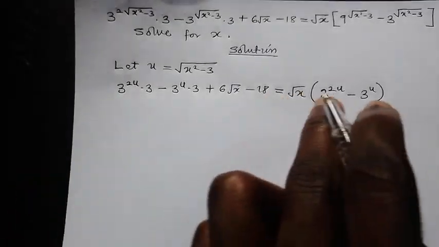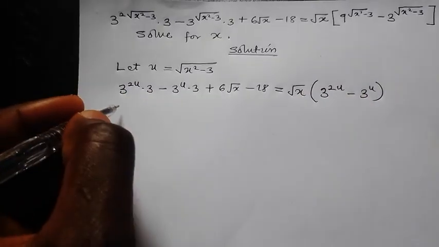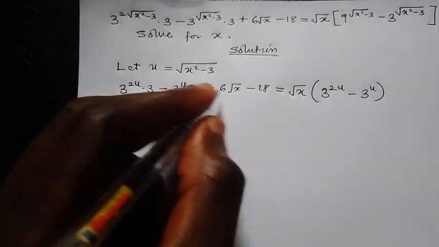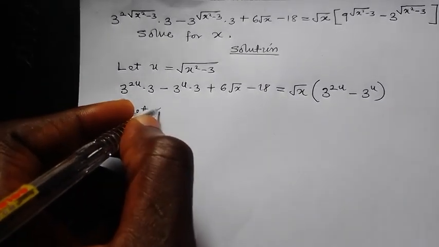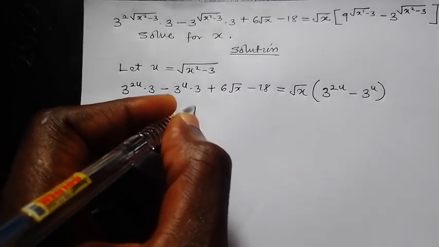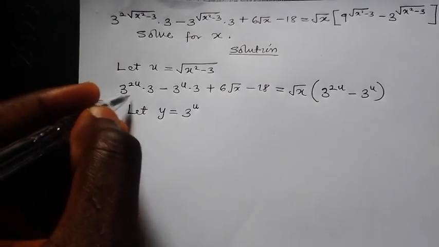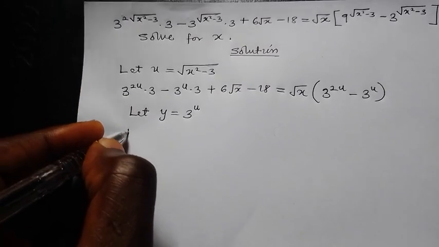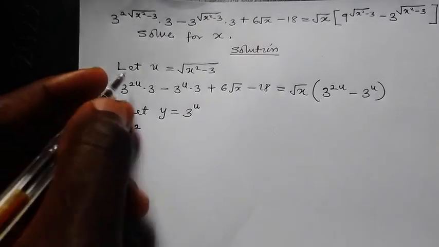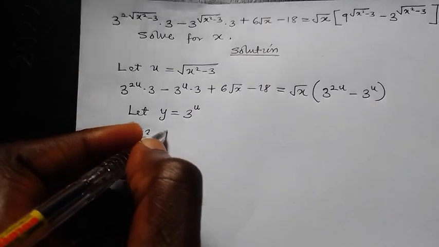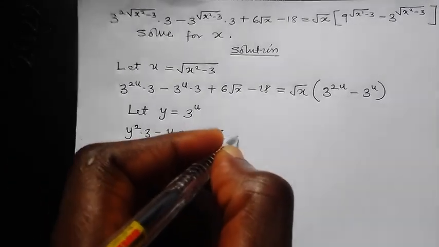Alright, we can expand this, and before we expand this, we can also say, now we have 3 raised to the power u almost everywhere, so let's use letter y. Let y equals to 3 to the power of u. Alright, so if we do that, then you will see that this can be rewritten as y to the power of 2 multiplying 3 minus y multiplying 3 plus 6 root x minus 18.